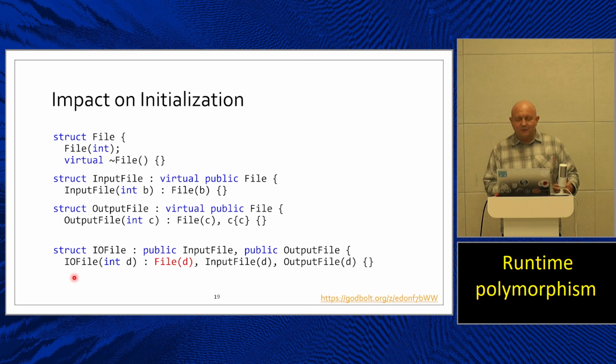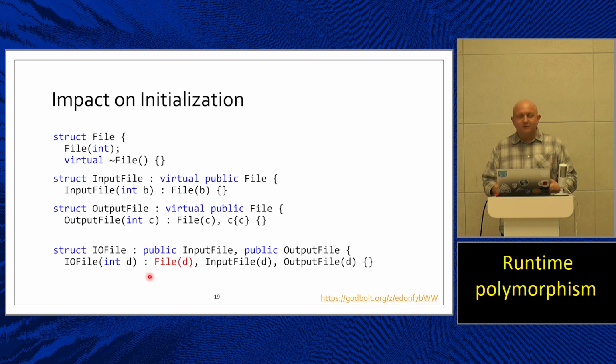Only the constructor call in IO file that initializes file actually runs. And that's a rule many people forget. The virtual base lives at the very bottom of the hierarchy and is initialized exactly once by the most derived class. And this already tells you something important.